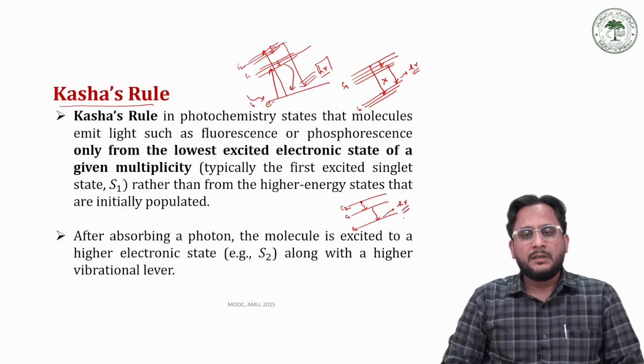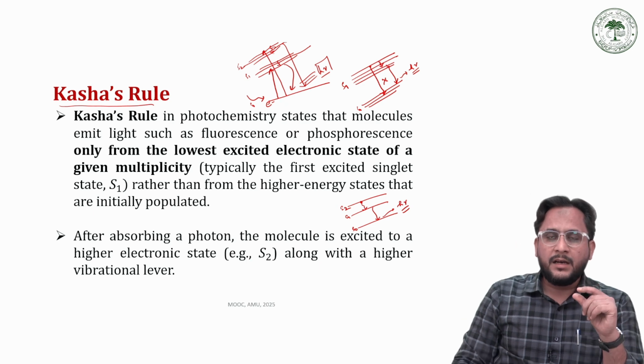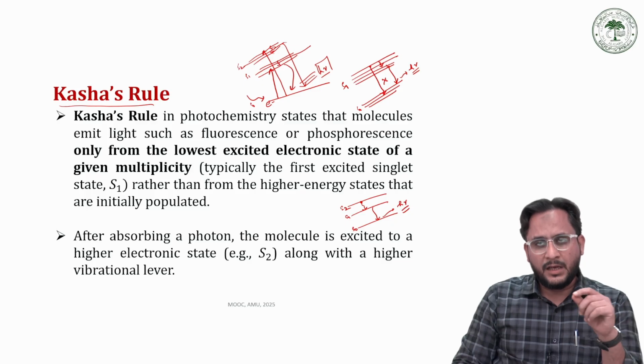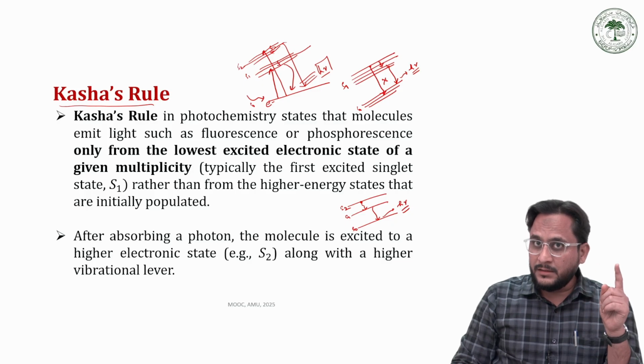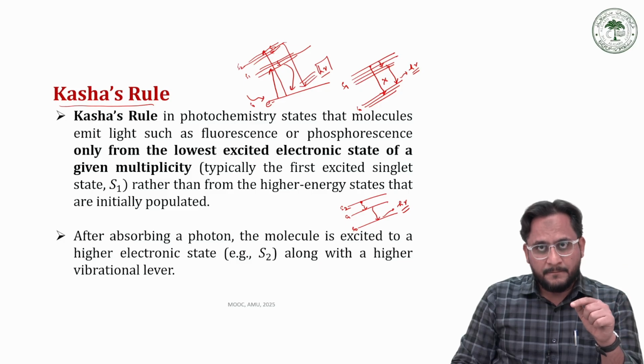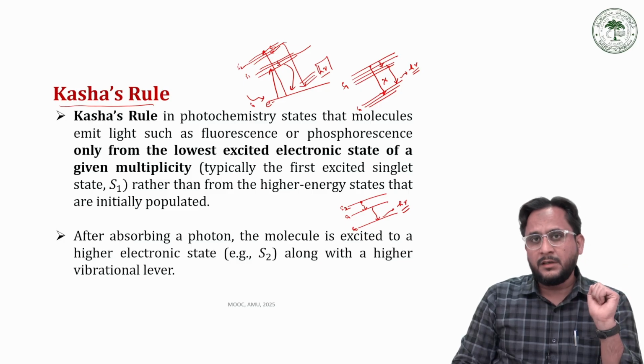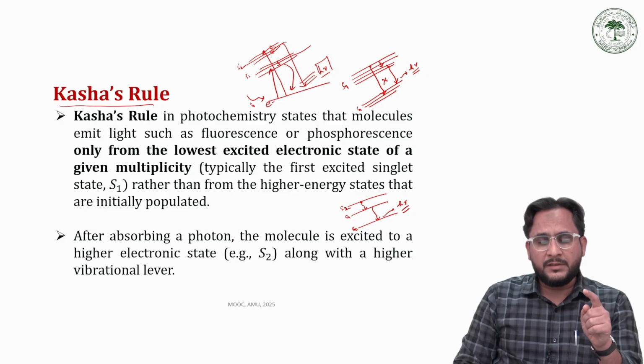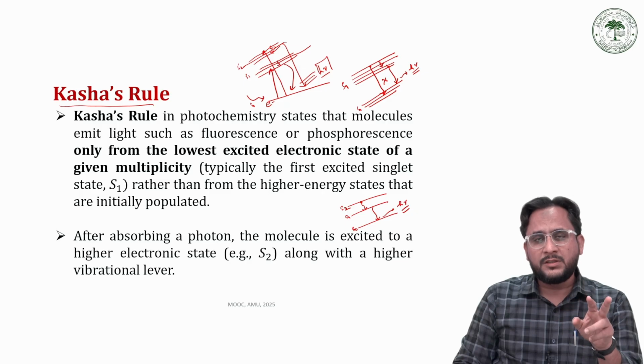So in a nutshell, Kasha's rule says that both internal conversion as well as vibrational relaxation happen in the excited state, so that the electron from higher excited states comes to the first excited state by internal conversion, and the electron also changes from higher vibrational levels and comes back to the lower vibrational levels of the excited state through vibrational relaxation.